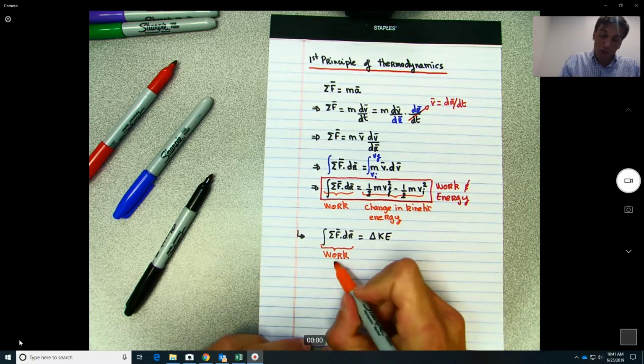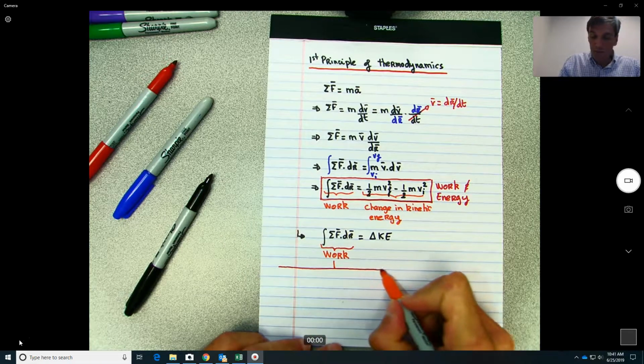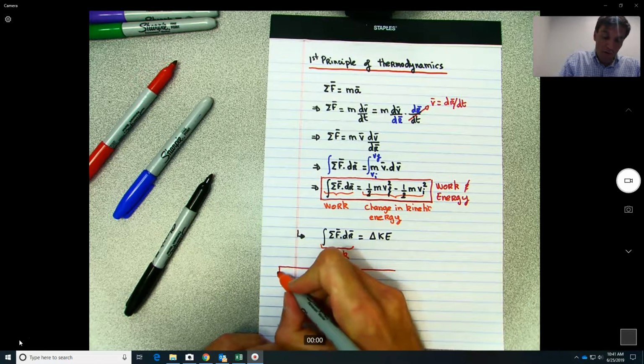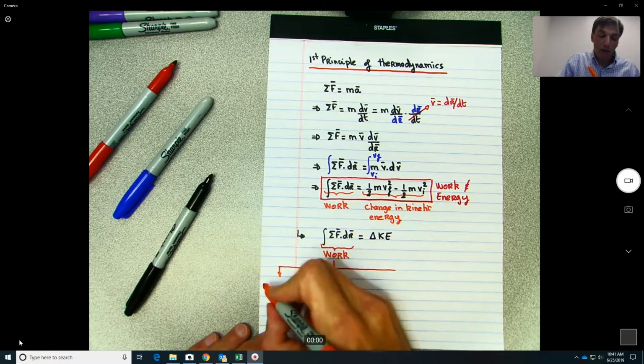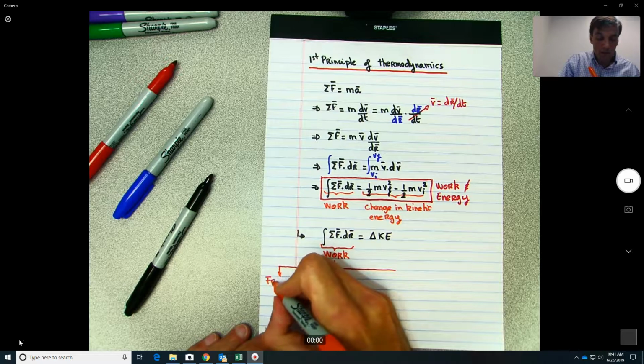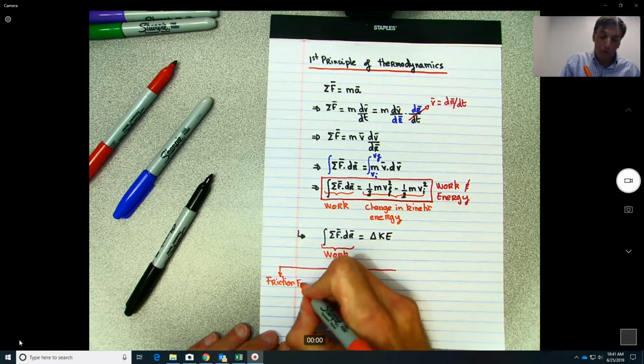So now this term, we're going to break it probably in 3 components. So maybe let's start by the easiest one. Let's say work done by friction forces.